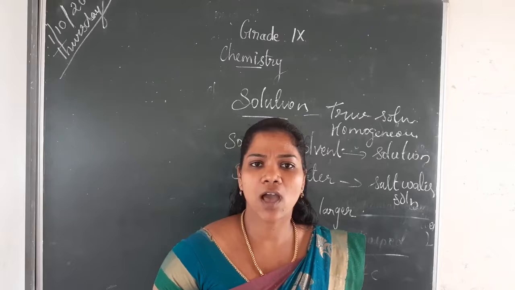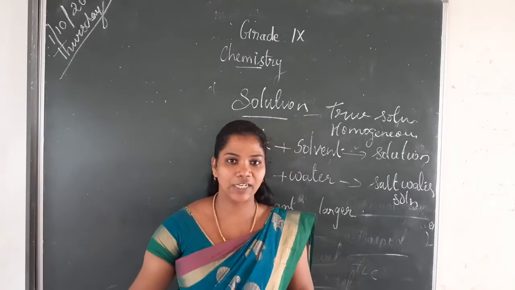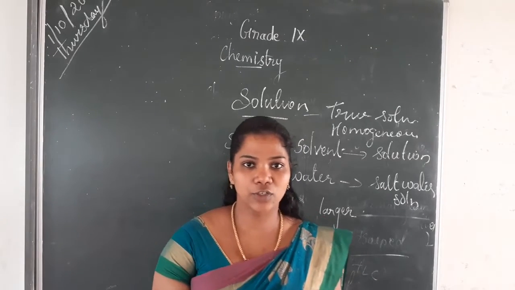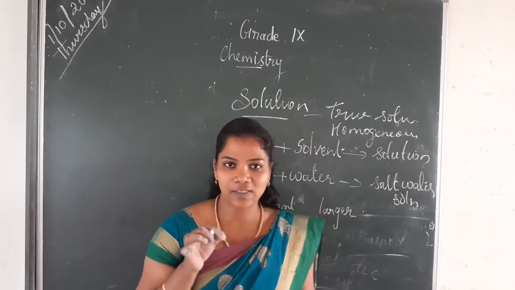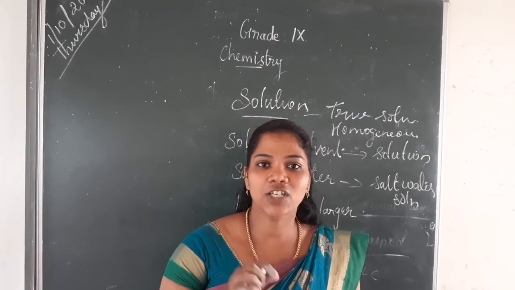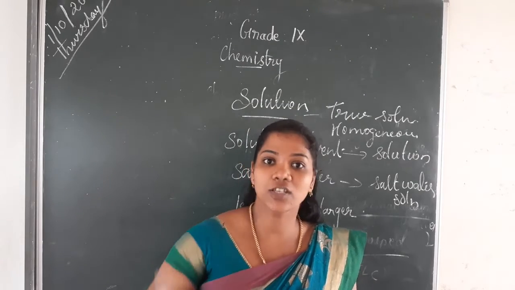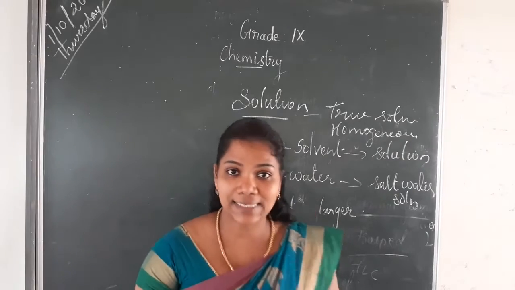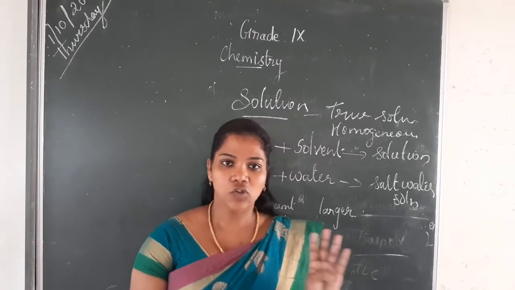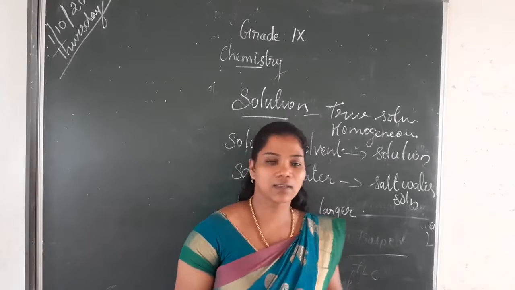Don't think that solvent means only liquid. No. Any substance, when you are preparing a solution, the component present in larger quantity we call the solvent, and the one present in lesser quantity we call the solute. For example, alloys. See?